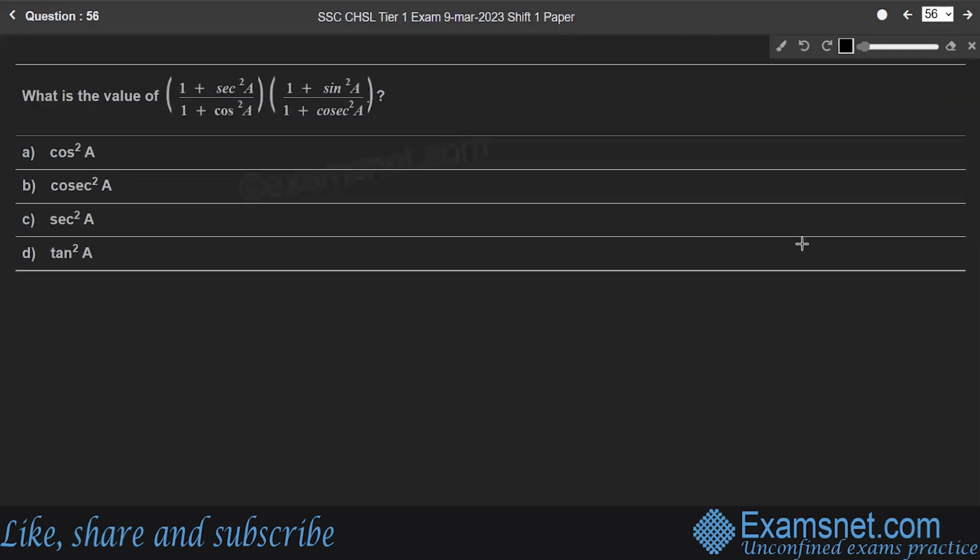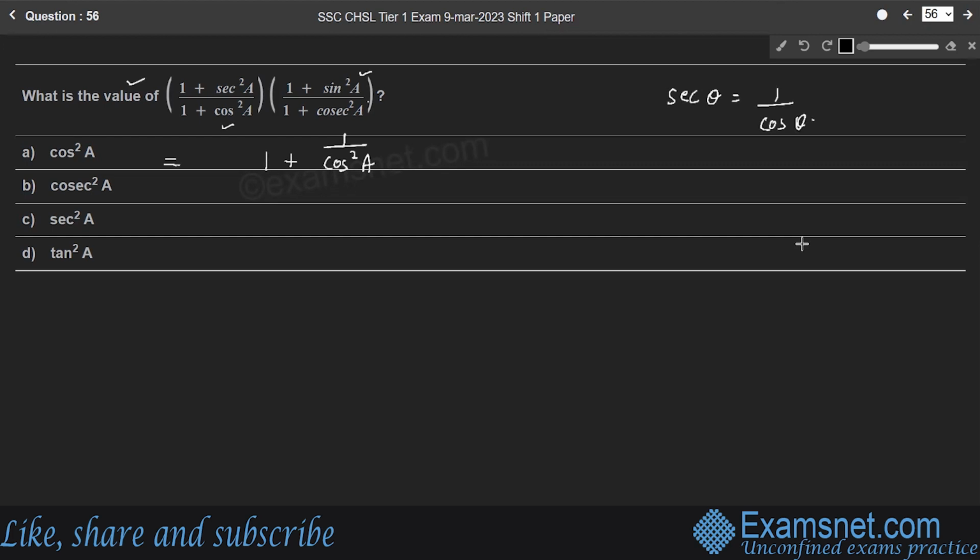Question 56. What is the value of (1 plus secant square A by 1 plus cos square A) into (1 plus sin square A by 1 plus cosecant square A)? So let us consider the given expression. 1 plus secant square A, where secant square A is 1 by cos square A, because secant theta is equal to 1 by cos theta.